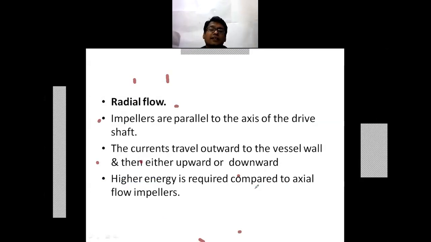Now why is higher energy required compared to the axial flow pattern? Because the fluid will be directly exposed to the vertical section. You are moving the blades in this direction, so the fluid will be impacting here. If the blades are inclined, the fluid will impact but slide downwards effectively, and less fluid will move in the radial direction.